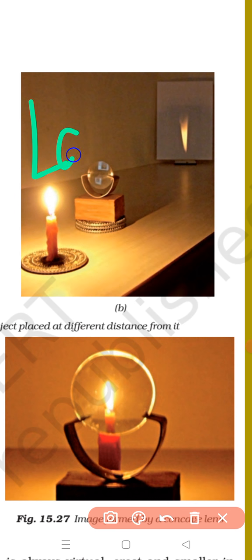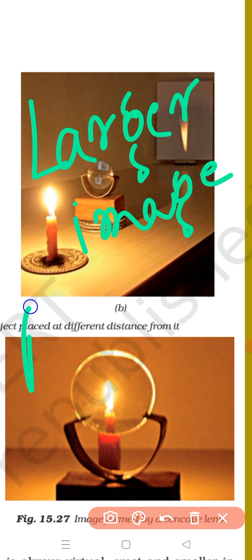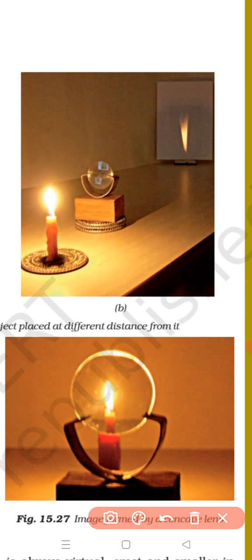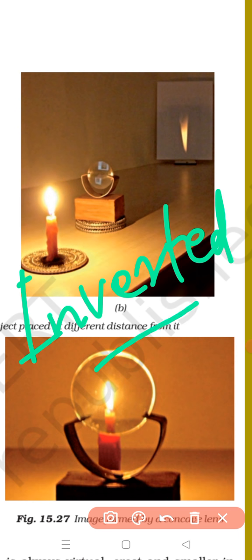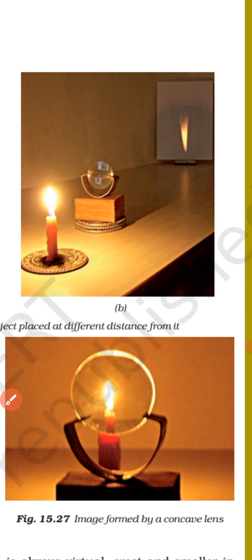I'll write larger image than the object. Then I will write again real image. Why real image? Because the image is forming on the screen. And the image is inverted again. This is for the second figure.